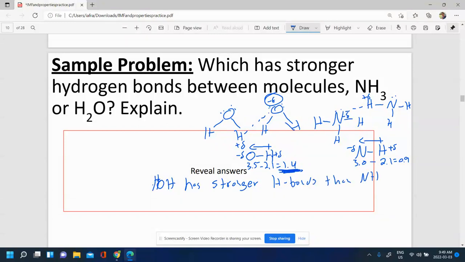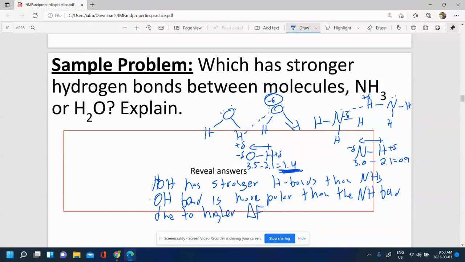than NH3. And the reason is the OH bond is more polar than the NH bond due to higher electronegativity difference in OH.